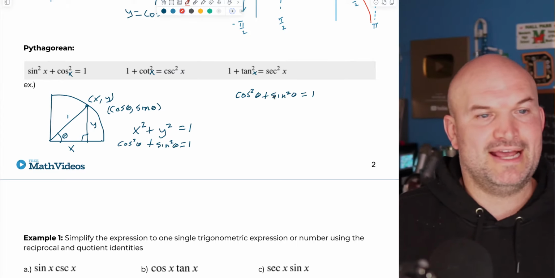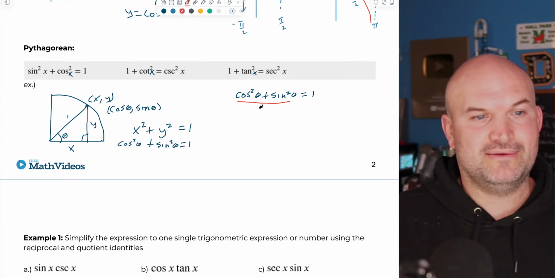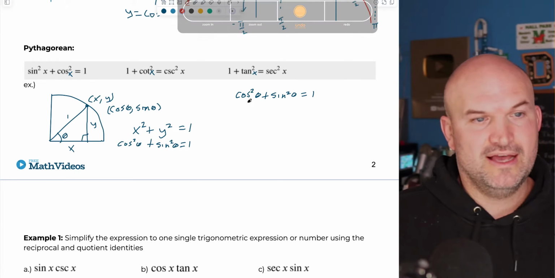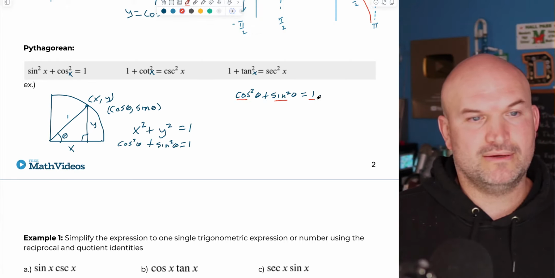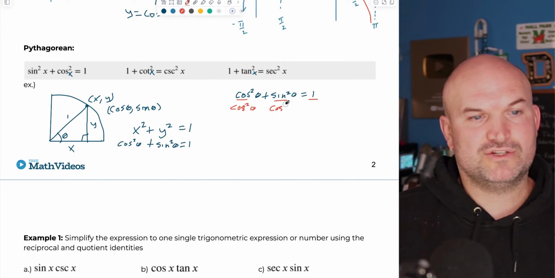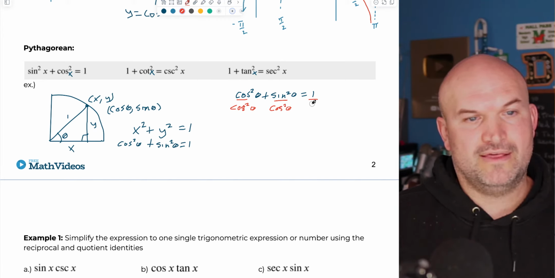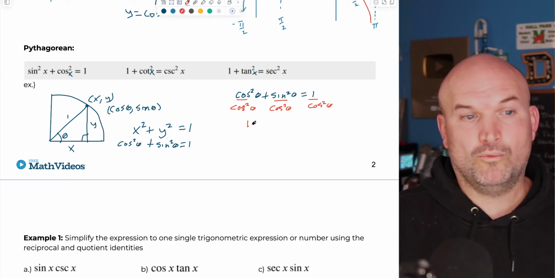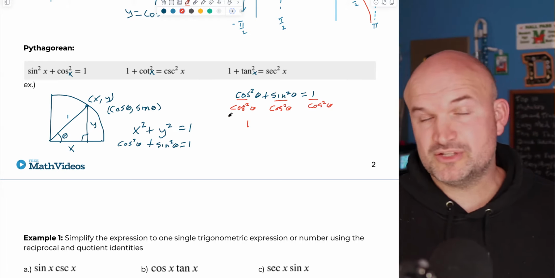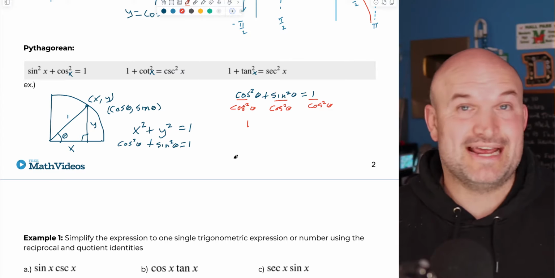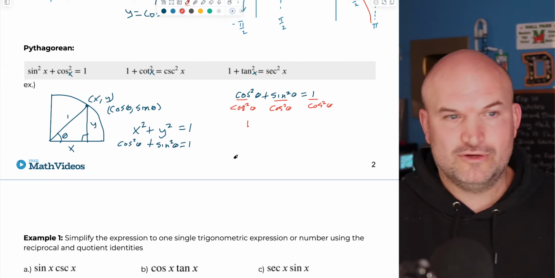So if I divide every term, both sides, by cosine squared of theta, let's see what's going to happen here. Cosine squared of theta divided by cosine squared of theta, it's the same thing divided by itself. It's going to equal 1.